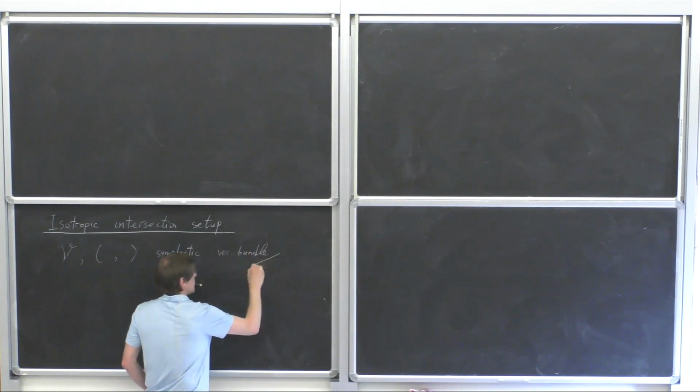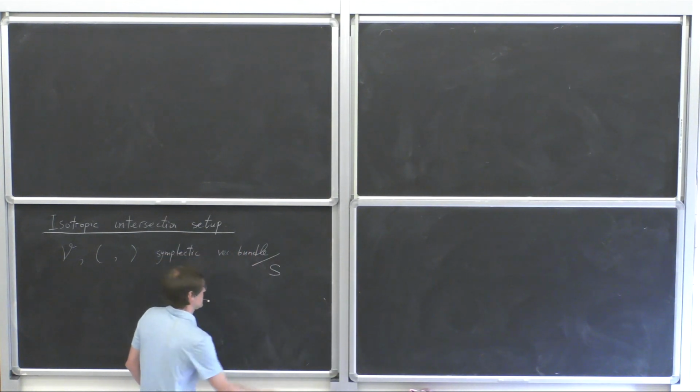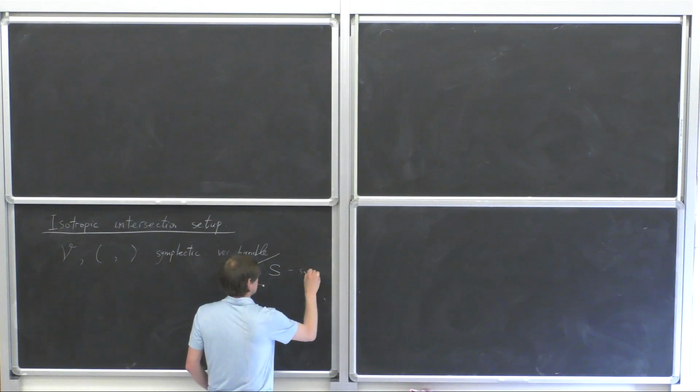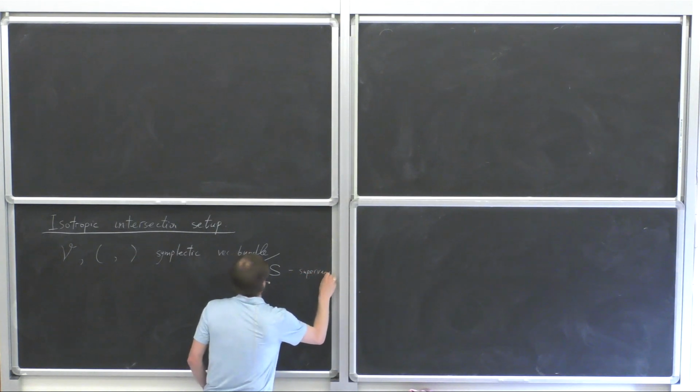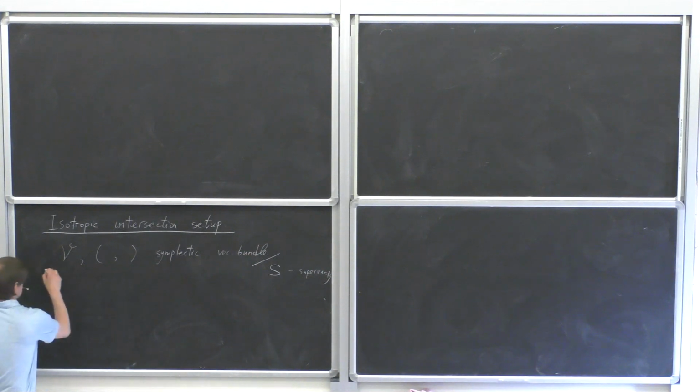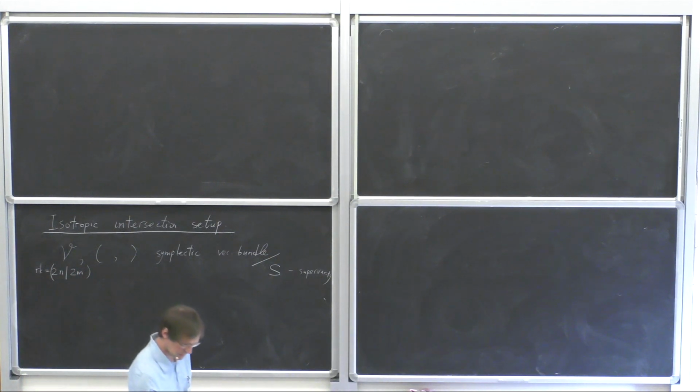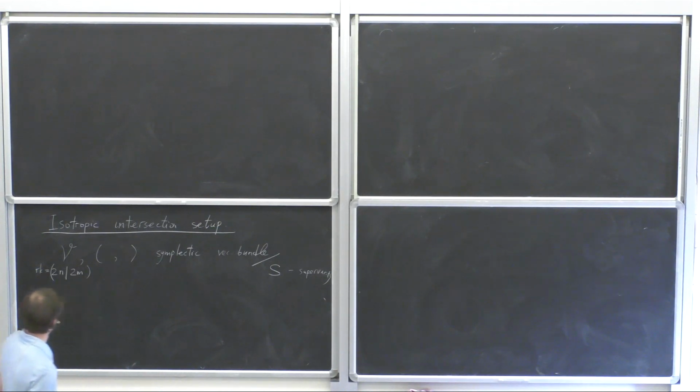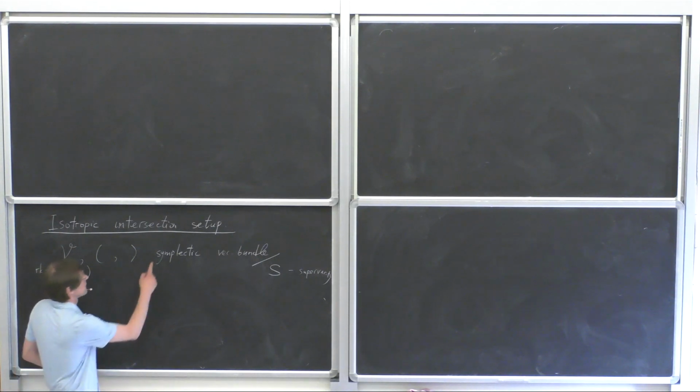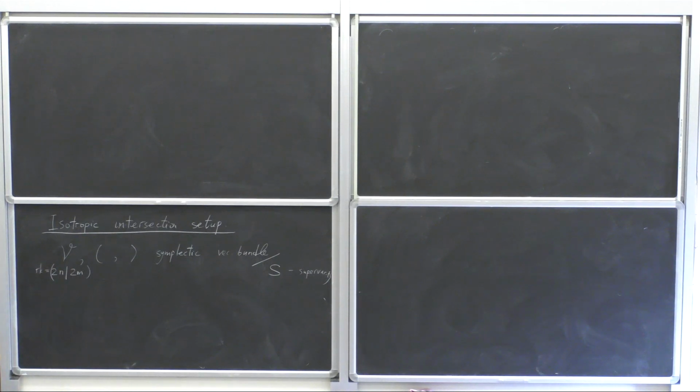Over some base S, which is some super variety, and the rank is going to be some even number of even dimensions and even number of odd dimensions. So remember, it's an even symplectic form, so if it's purely even, then it will be the usual symplectic form.